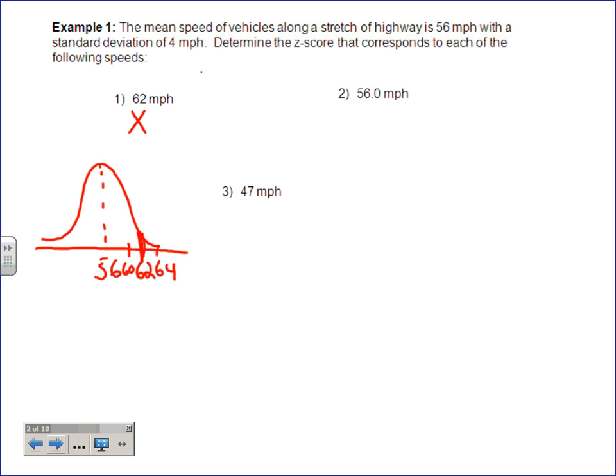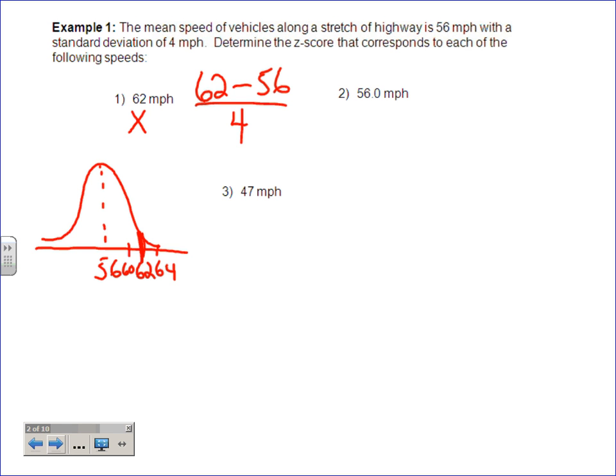The formula says take your value, subtract the mean. What's the mean? It's 56, and divide by your standard deviation, which is 4. They don't always work out this nice. It'd be great if they did, but they don't. But the fact that you could tell me 1.5, we're off to an excellent start.